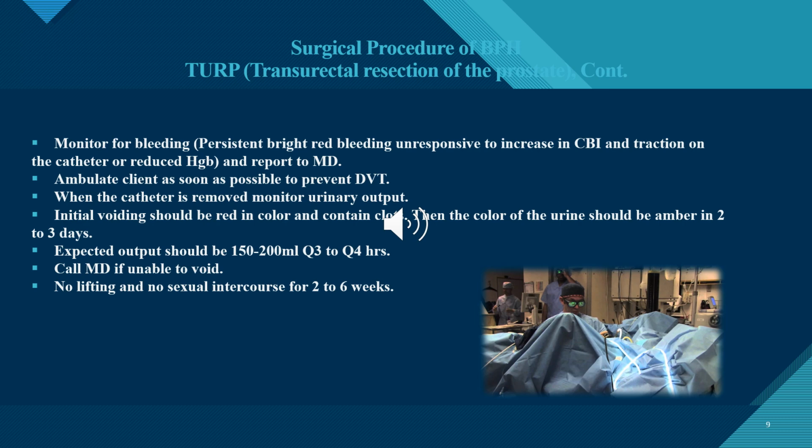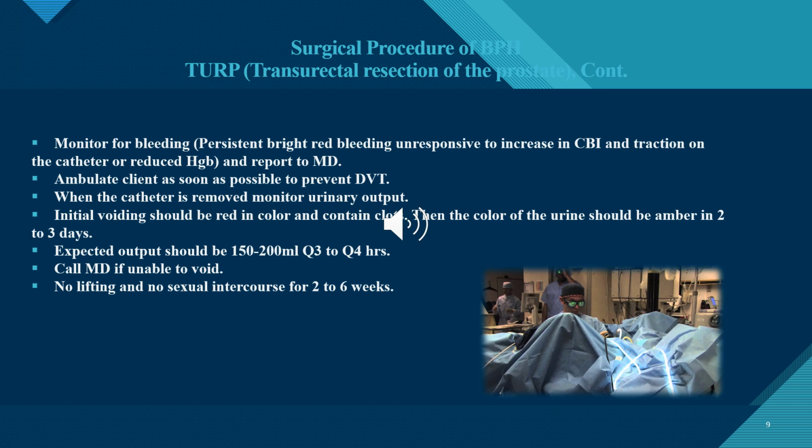This is mostly once you remove the 3-way catheter, and it should be red in color and contain blood clots for a few days. Okay. And then eventually the color will turn amber in about 2 to 3 days, or at least a week, okay?